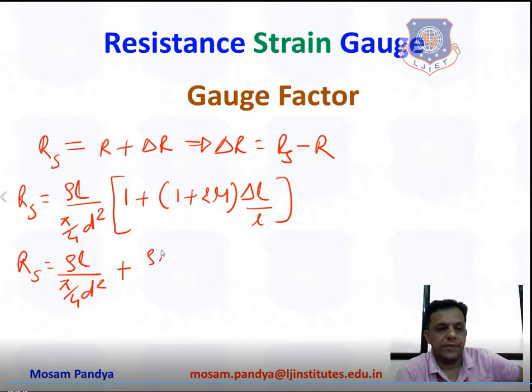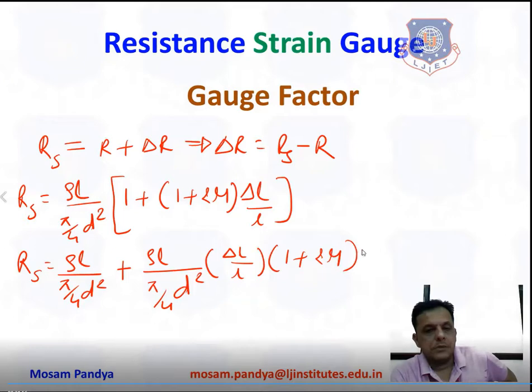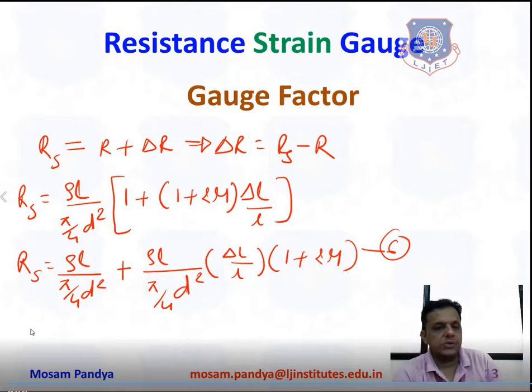We are opening the bracket, so I am multiplying rho L by pi by 4 d square to the entire bracket, and hence the equation will become like this. So I have just rearranged the equation, and please watch very carefully what we are doing here.